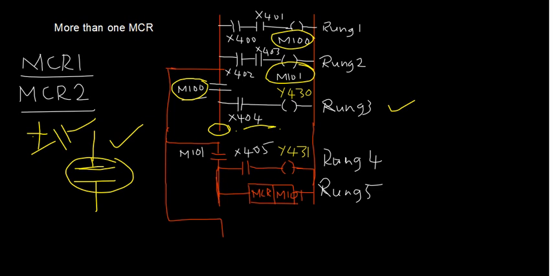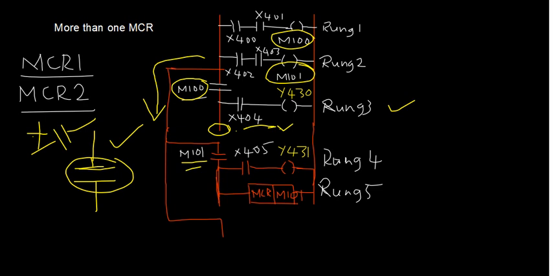Here you can see, this is the next branch wherein your M101 will come into picture. Once M101 comes into picture, in the similar way how you have the effect of M100, here also you will be having the effect of M101, which is indicated by your input X405 and the corresponding output Y431 and so on and so forth.